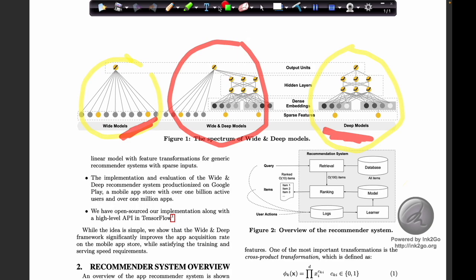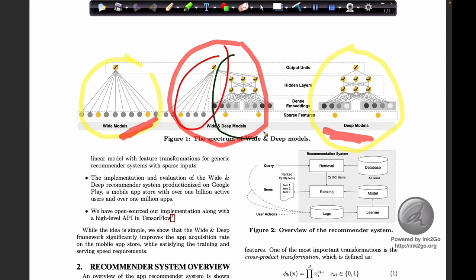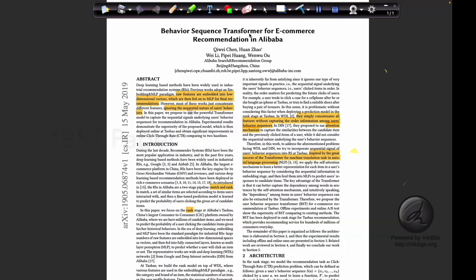So this performs both memorization and generalization. This was done in the ranking stage of the Google Play Store, and there was a considerable increase in app acquisitions and an increase in CTR, and so on. This was taking the best of both worlds. Now, the transformer in the Alibaba recommendation system.